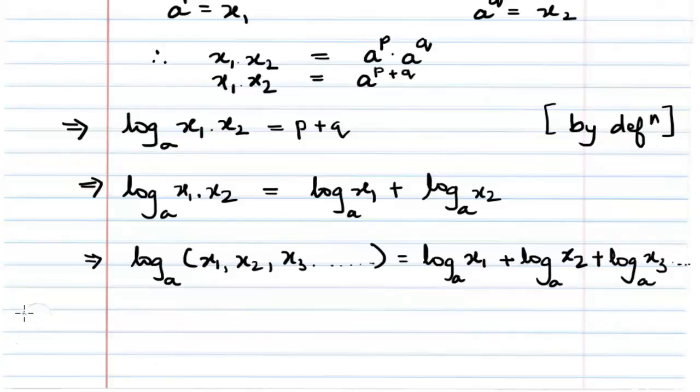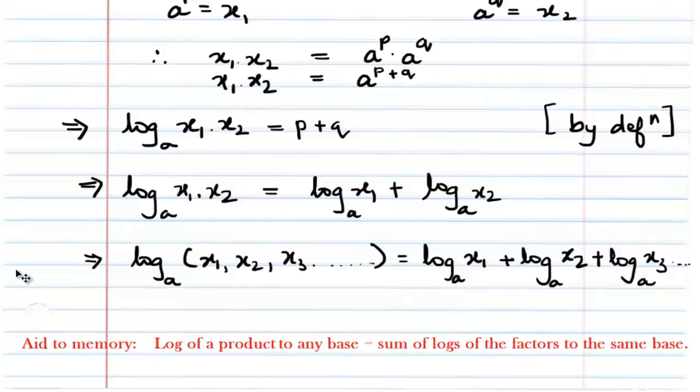Now this is aid to memory. Log of product to any base is equal to sum of logs of the factors to the same base. See, it says that log of product to any base is equal to the sum of the logs of the factors to the same base.